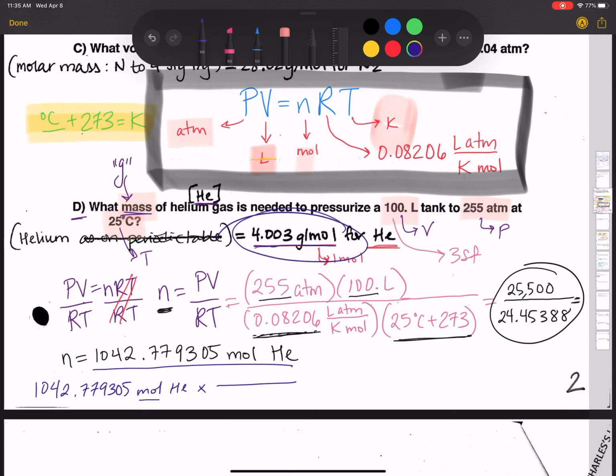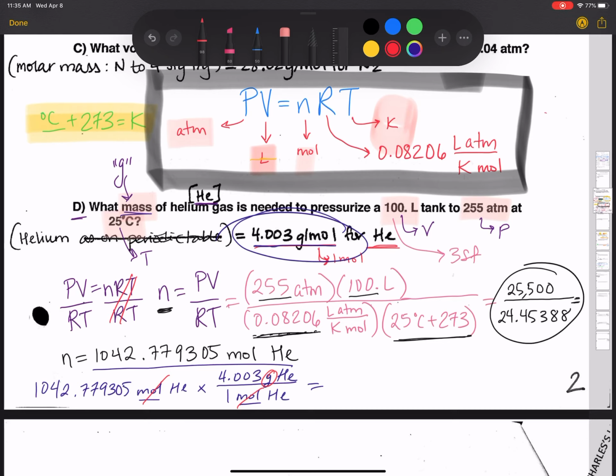The 1 is always invisible. So I'm going to say 1 mole of helium in my denominator so that my moles will cancel, and I'm going to put 4.003 grams of helium in my numerator. Now, if I track my units, I have moles of helium canceled and I have grams of helium left over.